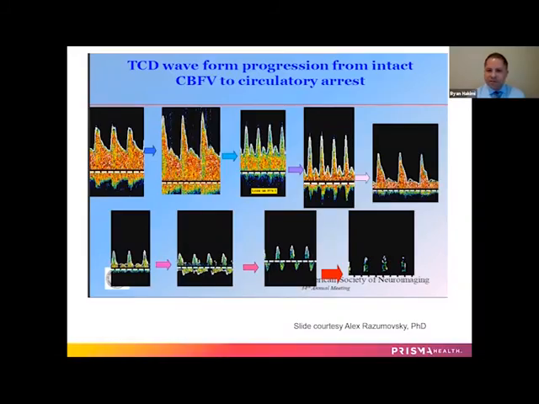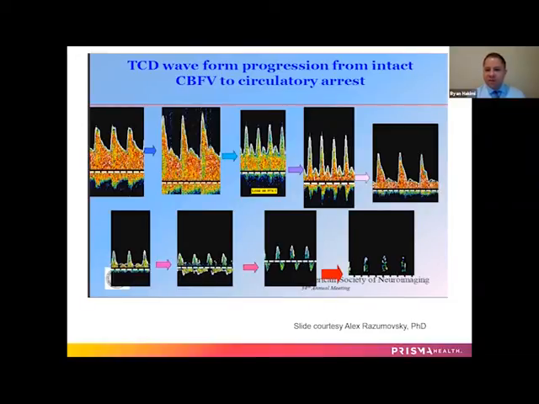Here's a demonstration of a patient that progresses to brain death. What's important to understand is that there are patients who you don't have windows on, meaning you can't get an image, or their skull is too thick, or they have too much scalp edema from a trauma or something like that.